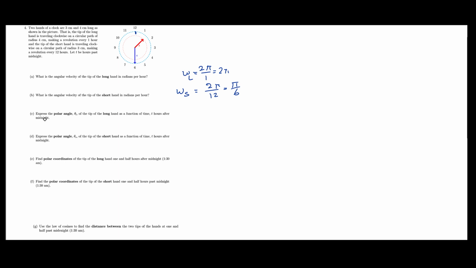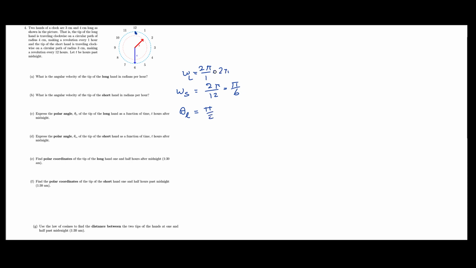Next it's asking to express the polar angle theta sub L of the tip of the long hand as a function of time, t hours after midnight. What I know is that the long hand at midnight is at 12, up there, that's the angle pi half. That's the initial angle.